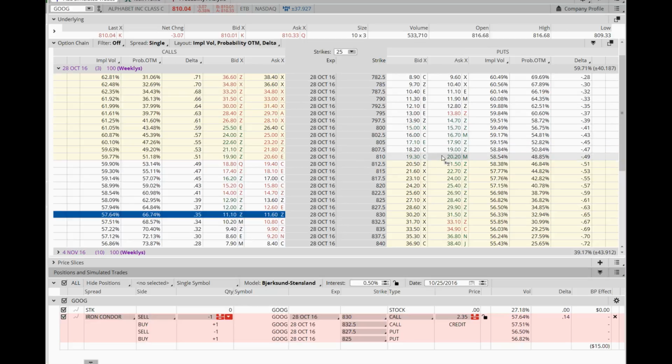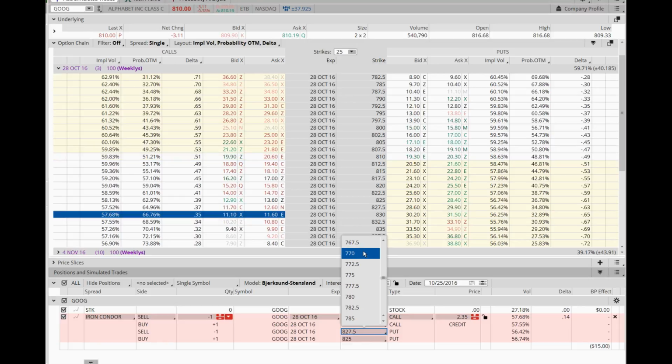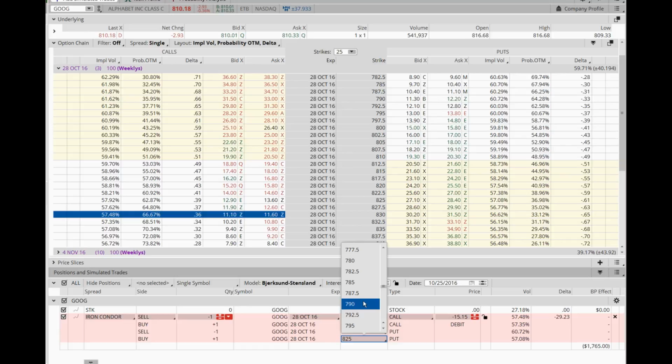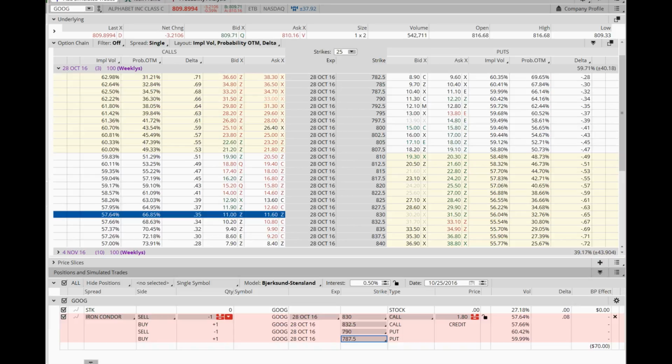So $20 minus this, in this case the put side will be $20 down, and we will sell the 790 put here. For those people who really want to do a cheaper trade, congratulations, we can do an even cheaper trade.